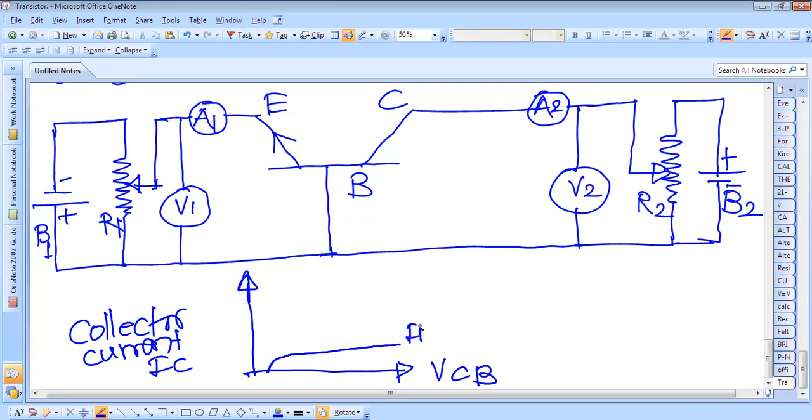This is for emitter current of minus 1 milliampere. So we have kept 1 milliampere current constant. Now set the reading again for 2 milliampere constant and vary this rheostat and measure this VCB and the collector current. We'll get a reading like this.